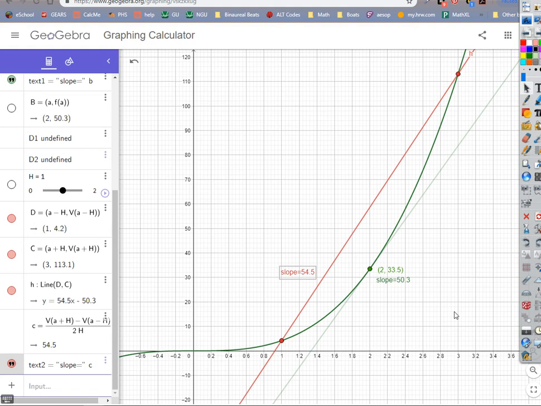If I'm blowing up a balloon and I increase the radius from 1 to 3, at what rate is the volume changing? On average, it's changing by 54.5 cubic meters, or cubic whatever we're measuring, per meter of increase in radius, right?